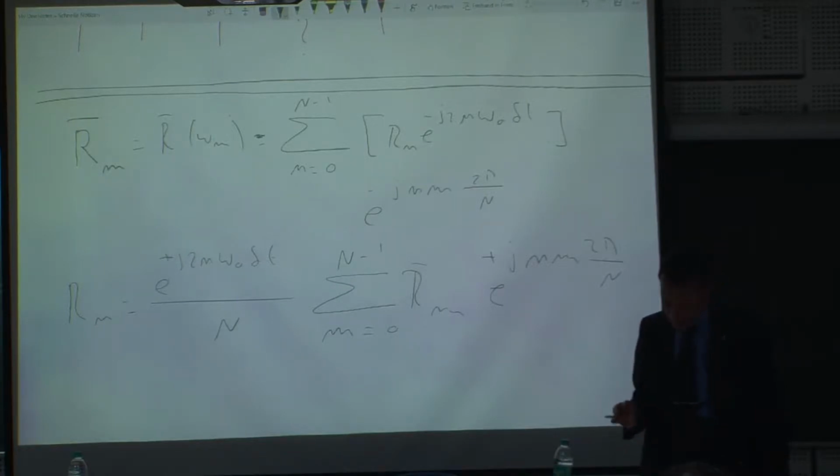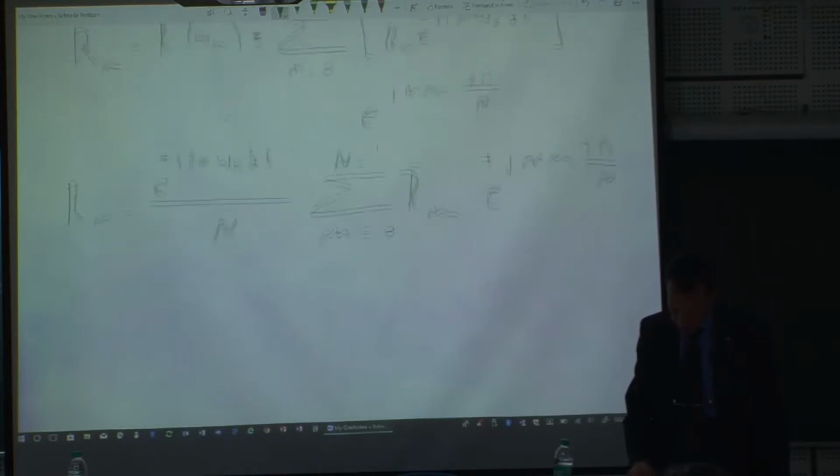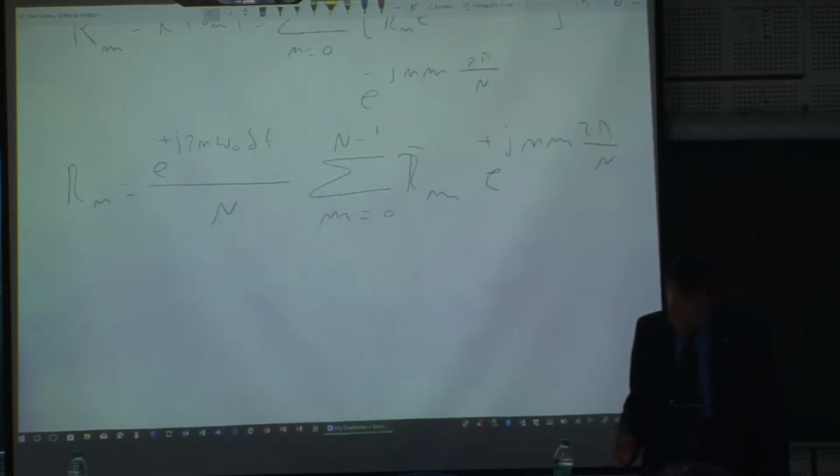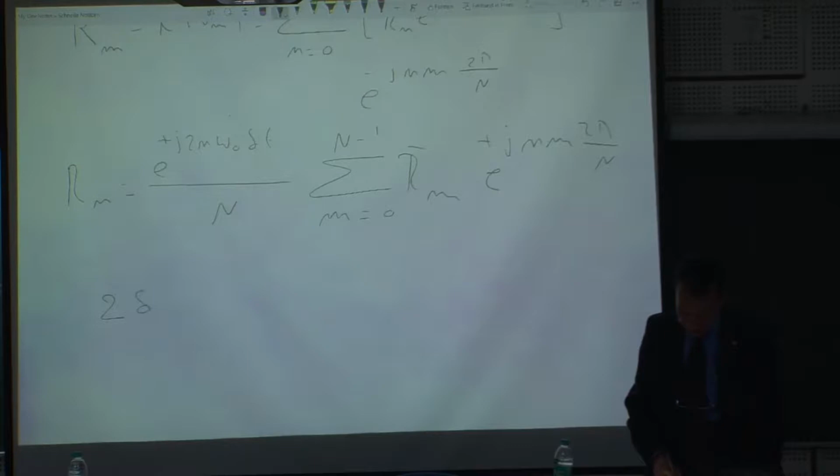Okay, but let us come now to the relation which we put, which was twice delta t delta omega was twice pi over N. Was it so? Oh, it was so.